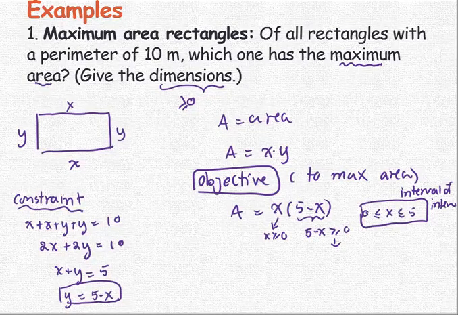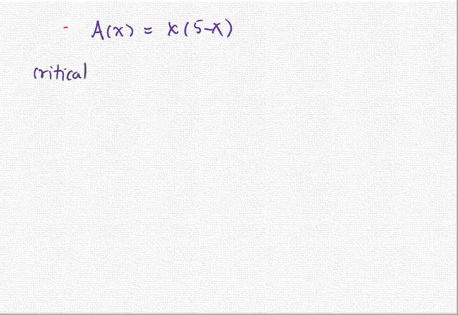The next step, we're going to locate the absolute max and absolute min, and use the process that we first find the critical number from the objective function A of x equals x multiplied by 5 minus x. Find the critical number by using the first derivative, A prime of x.